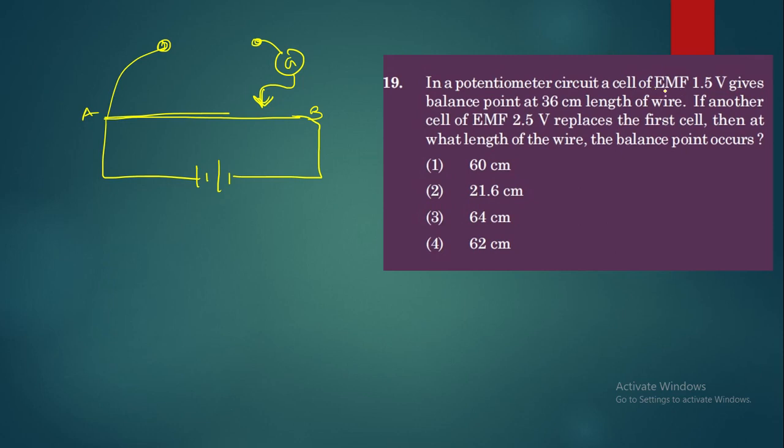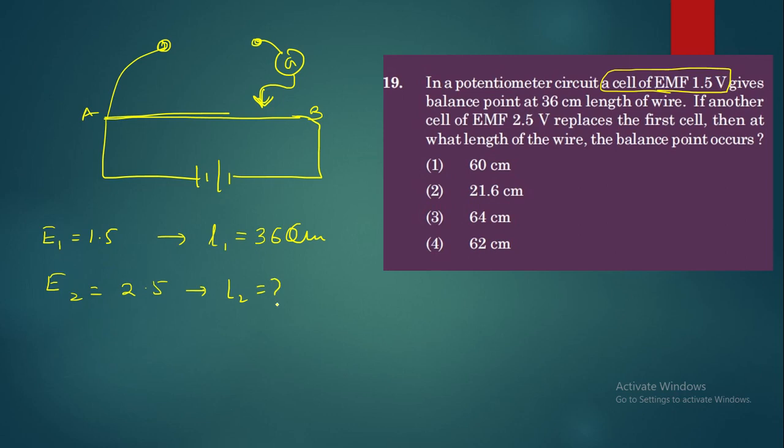When we connect a cell of EMF 1.5 volt, the corresponding balance length comes out to be 36 centimeter. Now if we replace it with 2.5 volt, what will be the balance point?